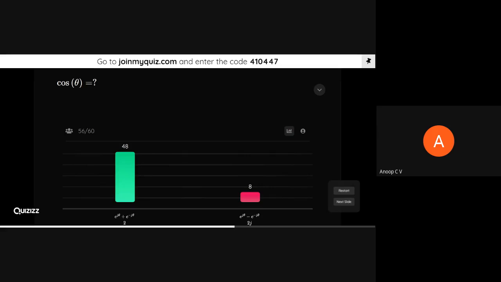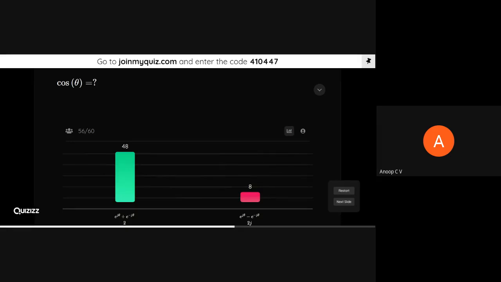Correct. It actually follows from the previous definition. e power j theta is cos theta plus j sine theta. From that it follows. It's nothing but the real part of e power j theta. To get the real part, you add a complex number to its complex conjugate and divide by 2. Then e power j theta minus e power minus j theta, by 2j, that is nothing but sine theta, the imaginary part of e power j theta.